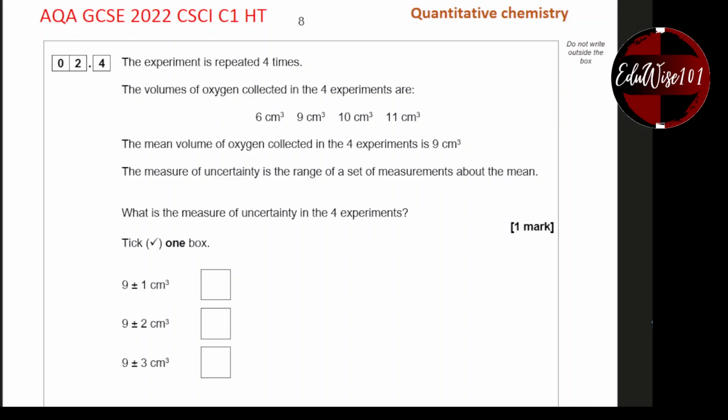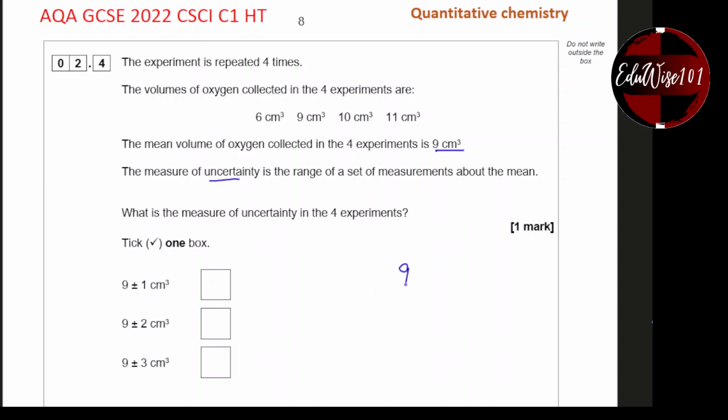This experiment is repeated 4 times. The volumes of oxygen collected in this experiment are 6 centimeter cube, 9, 10, and 11. The mean volume of oxygen collected in the 4 experiments is 9 centimeter cube. So if that's the mean, the measure of uncertainty is the range of a set of measurements about the mean.